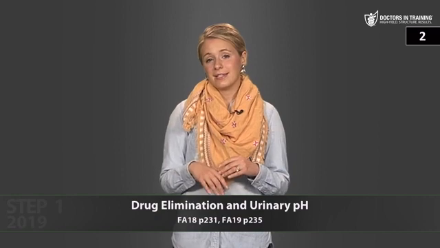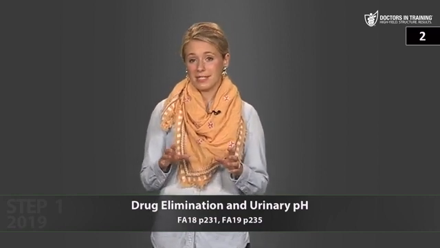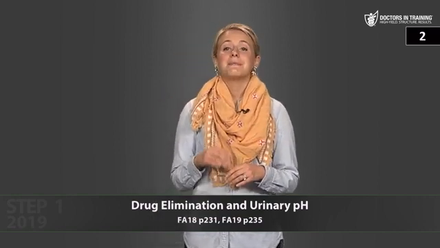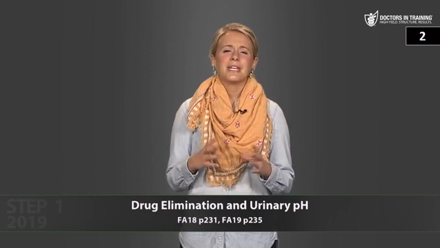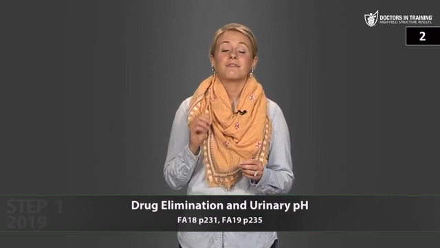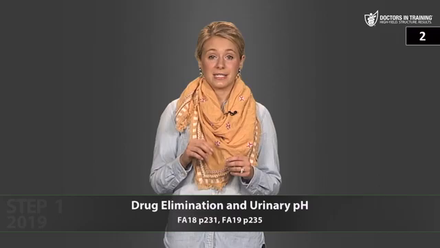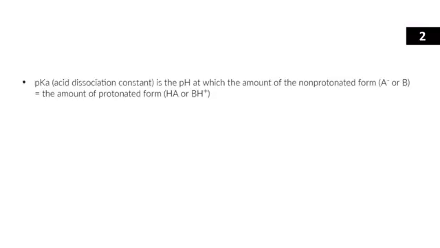One of the other basic, elementary, fundamental pieces of information that you need to know is pKa. So what is pKa? That's the first bullet in your study guide, below the acid-base equations. pKa is the acid dissociation constant. The pKa is the pH at which the amount of a non-protonated form of the drug equals the amount of the protonated form of the drug.